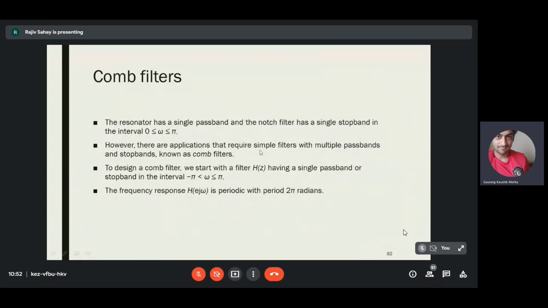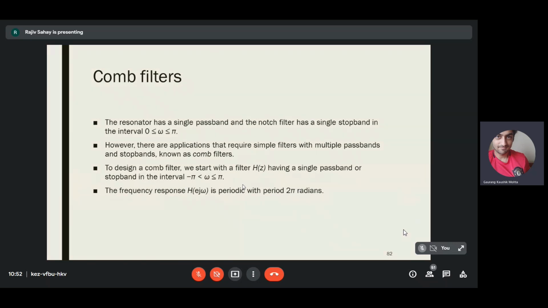There are applications that require simple filters with multiple pass bands and stop bands, which are known as comb filters. To design a comb filter, we start with a filter having a single pass band or a stop band, and then we play around with the system function until we achieve as many pass bands and stop bands as we want.